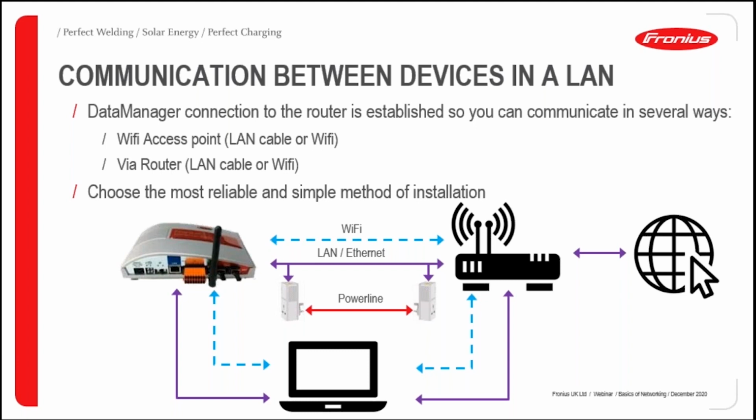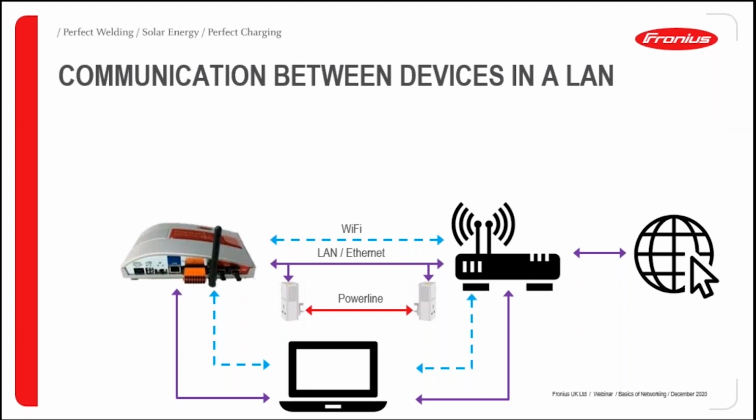You've also got that option of using power line communications. So if you have a site where you don't have a very strong Wi-Fi signal, and it's going to be really difficult to run a dedicated LAN cable through the building, you can incorporate a power line module at either end, one near the data manager and one at the router, and then connect using patch leads into each of those devices.